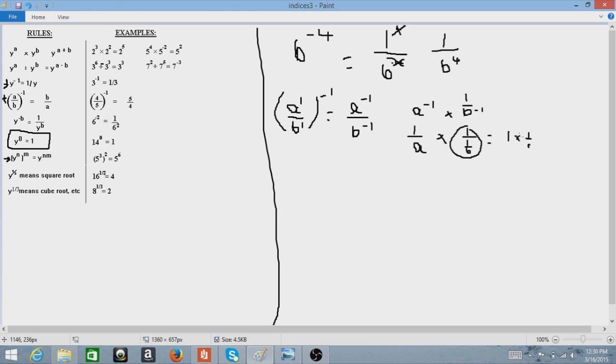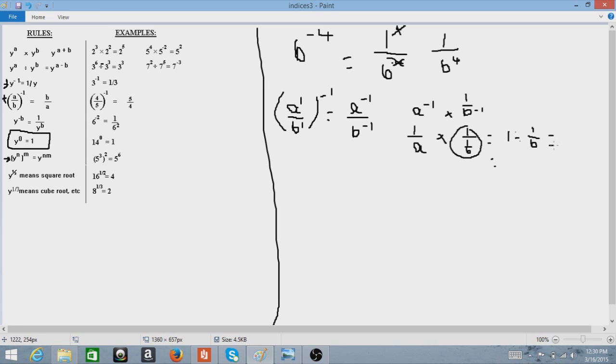1 divided by 1 over B. And when you're dividing by a fraction, you always upturn and multiply. General basic rule.